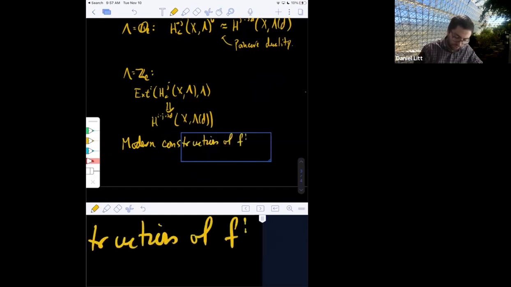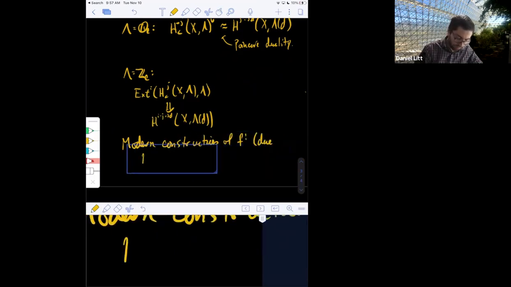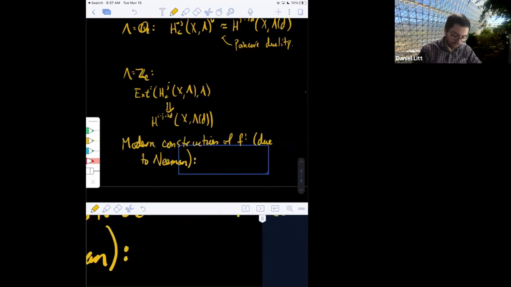of F upper shriek. This is due to Neeman. This is for general F. The idea is to use Brown representability.